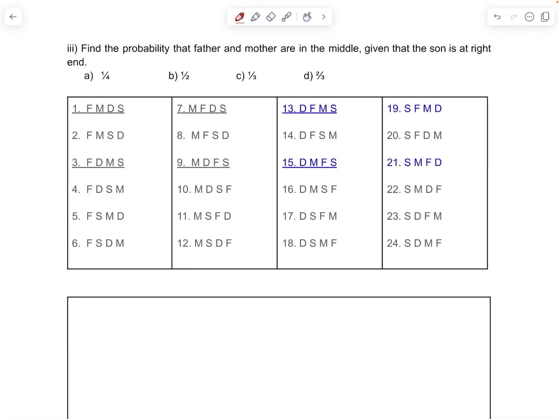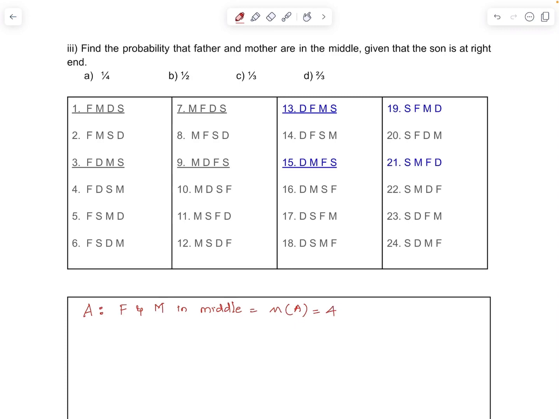Third subdivision, find the probability that father and mother are in the middle given that son is at right end. So now let's take A as father and mother in middle. The number of arrangements which follow this is n of A is equal to 4.